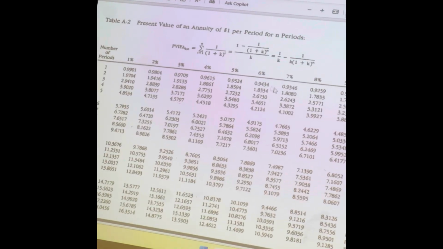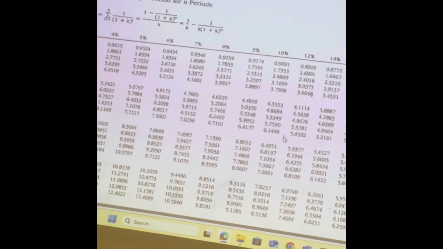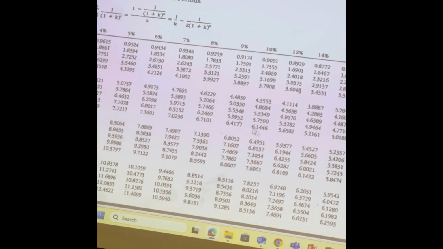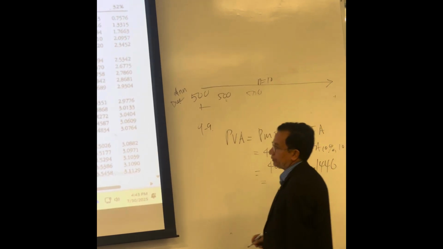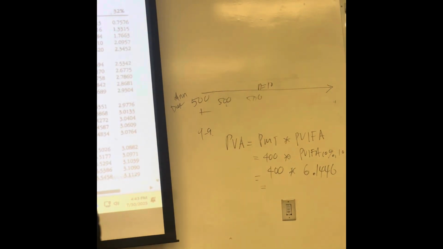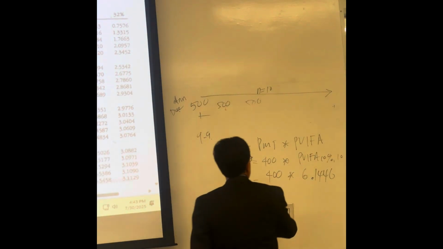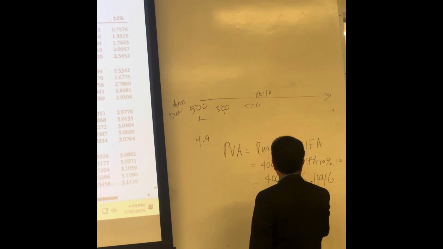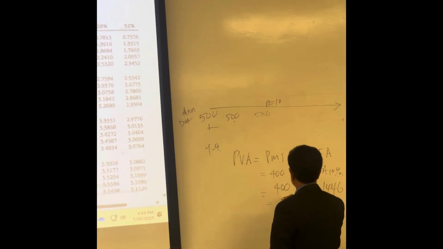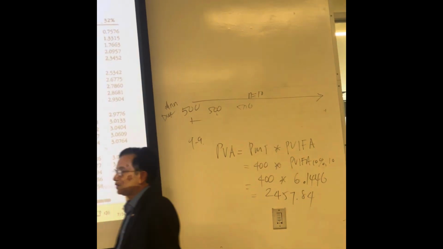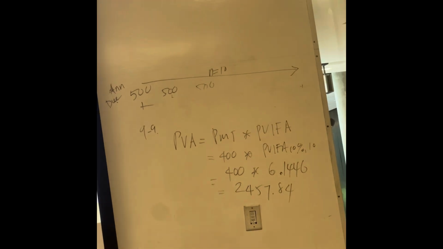So get this factor from the chart, the present value annuity chart. Okay. 10%, 10 years would be 6.1446. Multiplied by 6.1446, that would be your answer. 2,457.84. Okay. So that's the present value of this annuity.